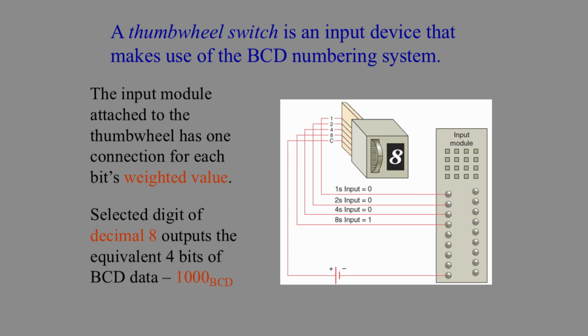If the user selects the digit 8, the switch outputs 1000 in BCD, with only the 8th bit active. This shows how BCD serves as a bridge between the way humans naturally work with decimal numbers and the way digital systems process data. Thumb wheel switches are commonly used in industrial systems for entering set points, machine codes, or parameters in a form that both the operator and the PLC can handle easily.